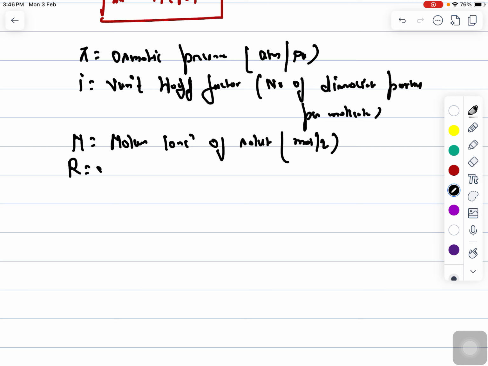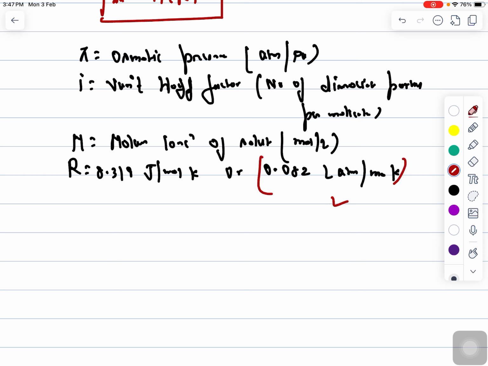And what is R? R is 8.314 joule per mole Kelvin, or you can also write here 0.082 liter atm per mole Kelvin. So I think this will be important here. This won't be important, right?